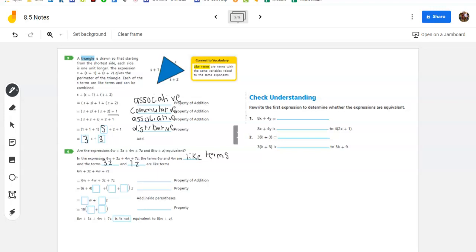This first one, so we started here, and then they changed the order. So this is the commutative property of addition. Then we took the W out here, and they took the Z out, so all we have left is 3 and 7. This is distributive property.